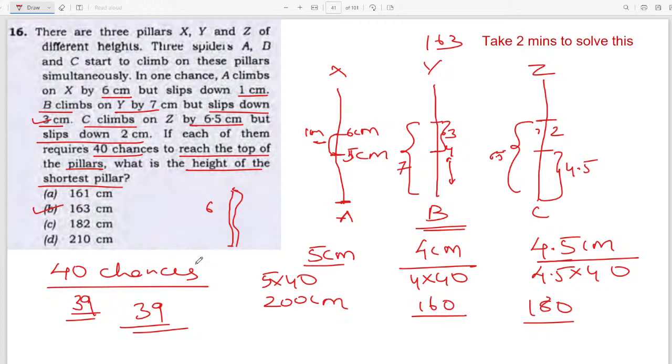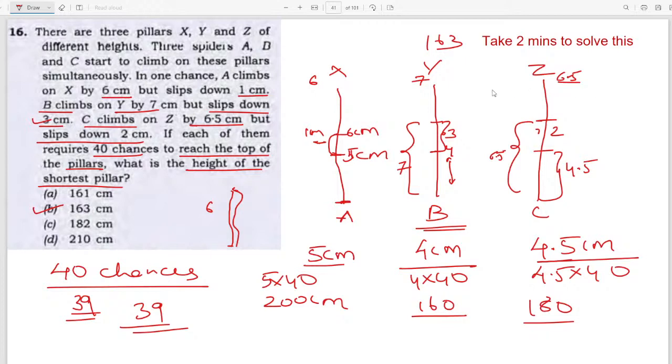I'll be happy to explain why this is not option A and why option B. Because in the last attempt, in the final journey, final chance, it will take the whole first jump, that is the first climb, that is 6 centimeters in X, and B takes a 7 centimeter leap, and C takes a 6.5 centimeter leap. So by just this leap itself, it will reach the end. So it doesn't have to fall back again.